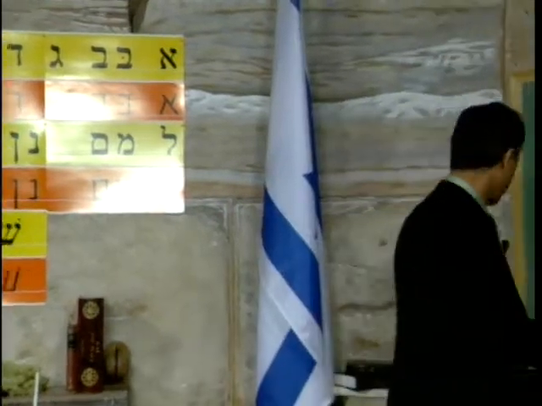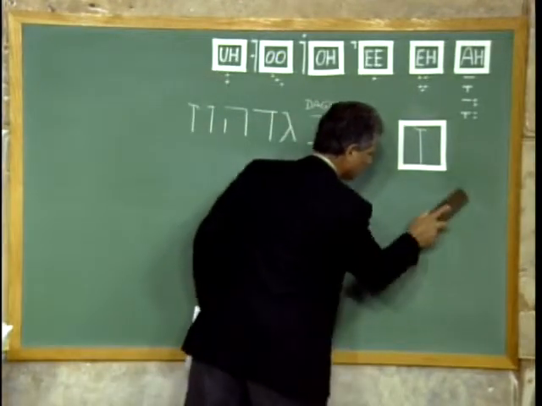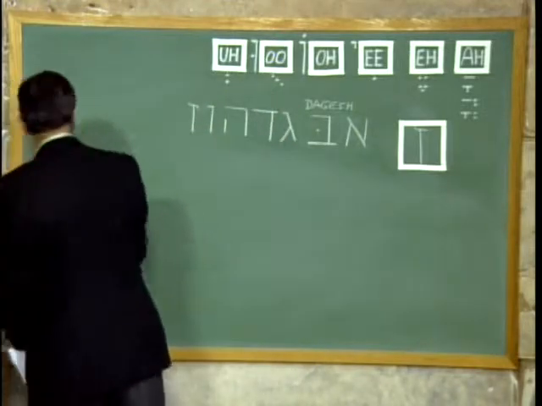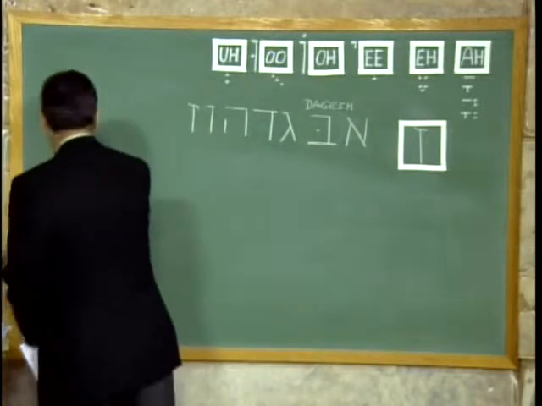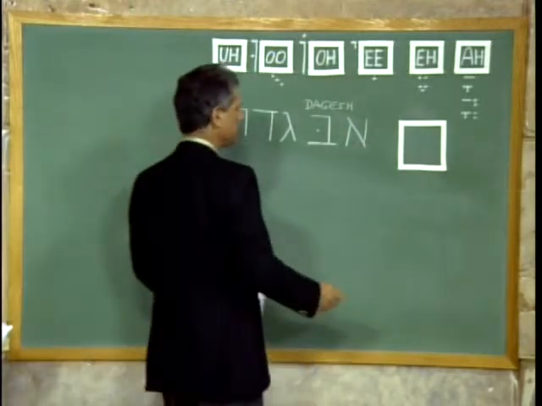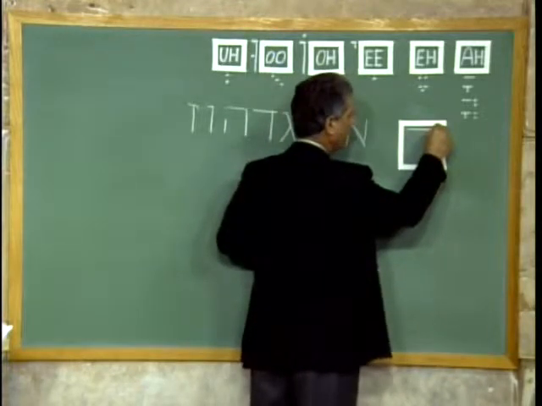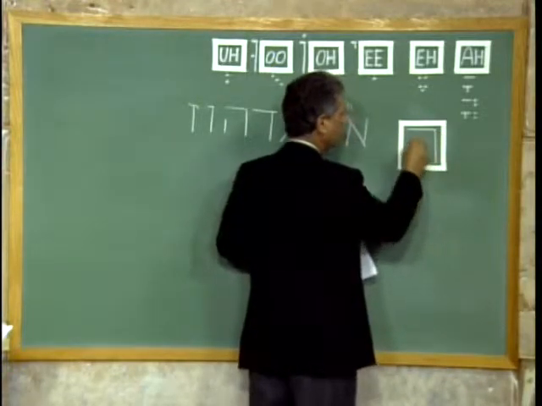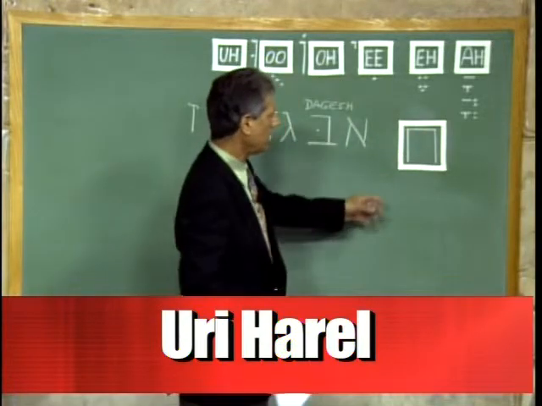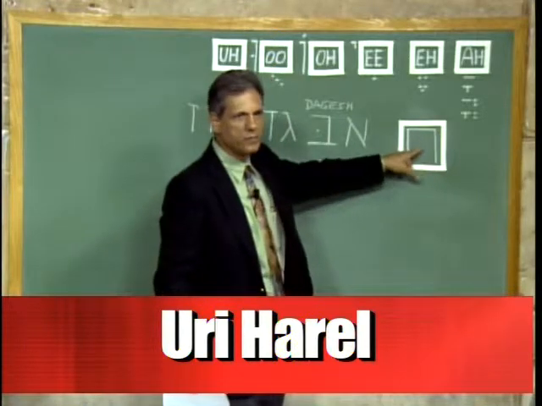And let's take a look at that. Here is the letter Het in that little universe. It goes front to back, and then top to bottom, and then top to bottom again. So you can see that the letter Het is connected at the top.